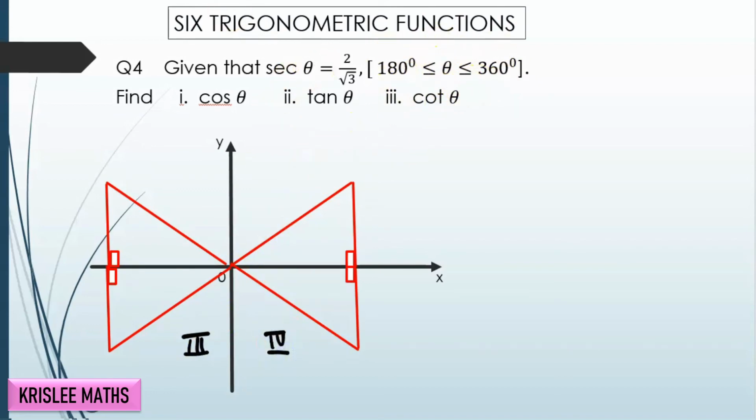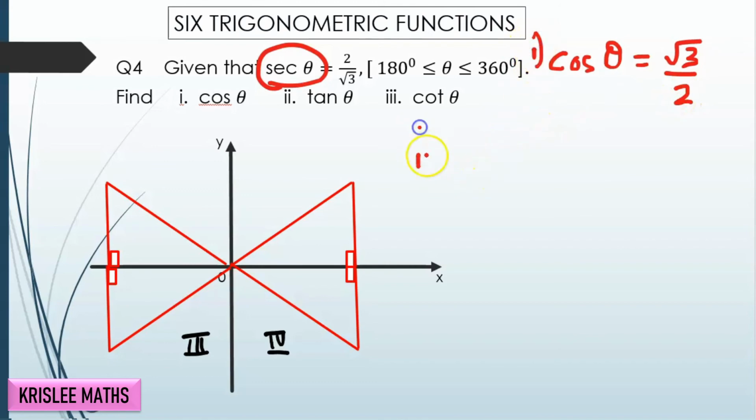Remember, cos is the reciprocal of secant. So if secant is 2 over square root of 3, cos will be square root of 3 over 2. That will be the answer of the first question.